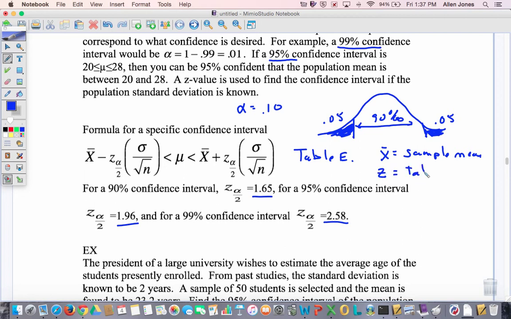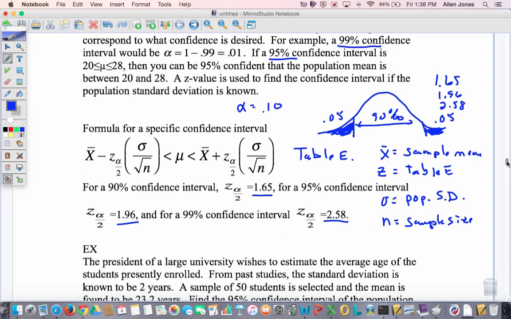Z-score comes from table E, based on our table up here. Those common ones are 1.65, 1.96, 2.58. And then our sigma is our population standard deviation, and n is our sample size. So calculating the confidence interval should be pretty straightforward once we can identify that information.